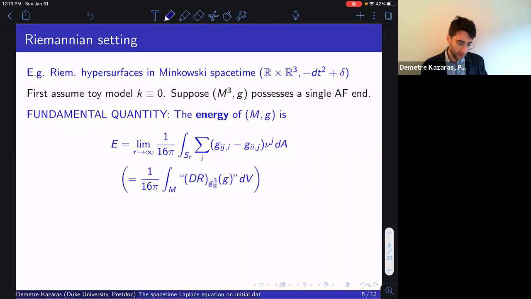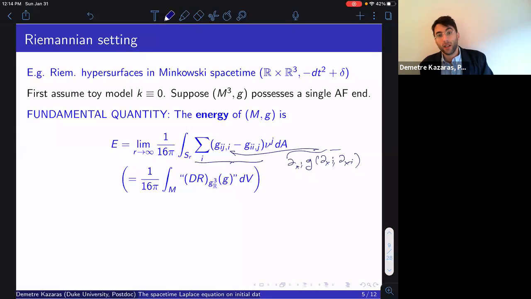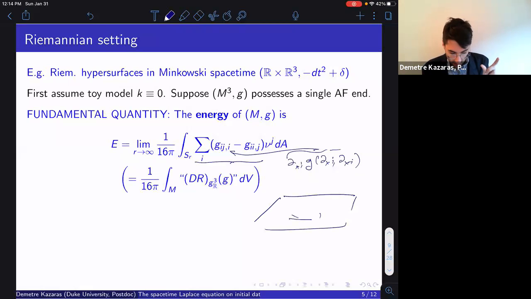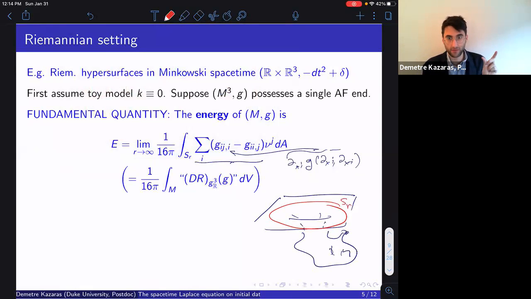Okay, it's given by the following strange quantity in terms of first derivatives of the metric. So you make this sum and you integrate that over a sphere of radius r. So here is the manifold that we're interested in, M, and we have these coordinate spheres defined by the chart in the asymptotic end, S_r.